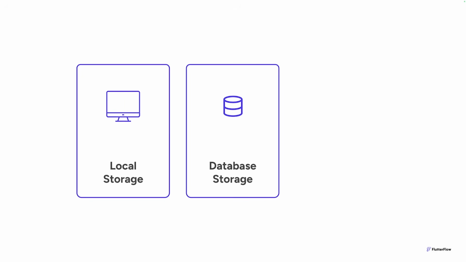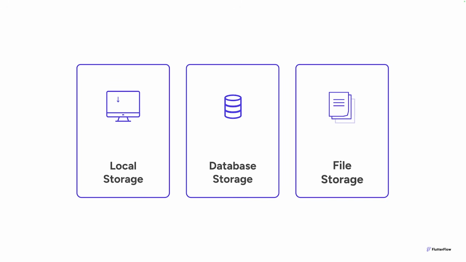In an e-commerce app, databases can manage large volumes of structured data, such as product details, user accounts, and transaction histories. File storage helps store larger files, such as images, videos, or documents. In an e-commerce app, this could include product images, user uploaded content, or digital invoices.